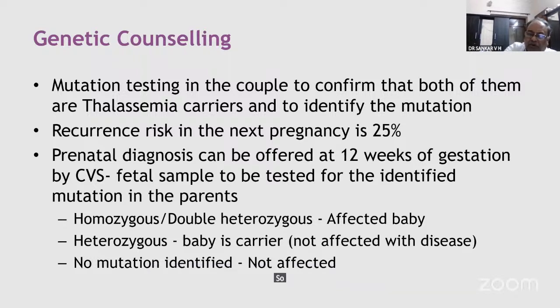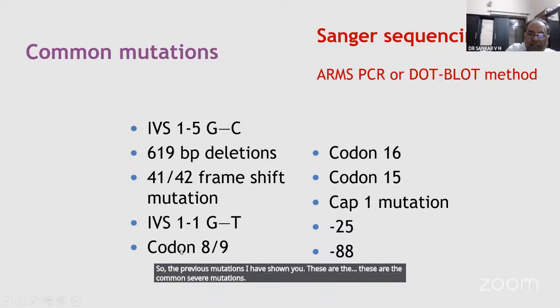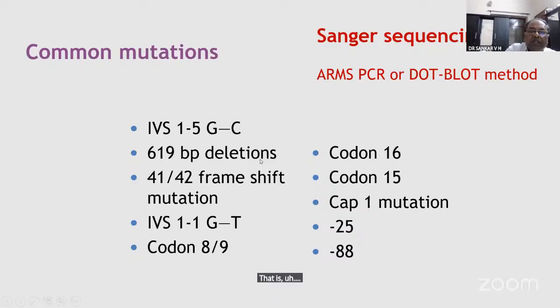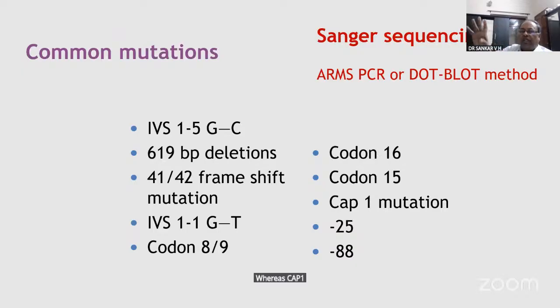The previous mutations I have shown you are the common severe mutations, in the first panel, the left side panel, like IVS1-5 G>C, 619 base pair deletion, 4142 frameshift, IVS1-1 G>T, and codon 89. These are all severe mutations, whereas the Cap site mutation, -25 and -88 are milder mutations.